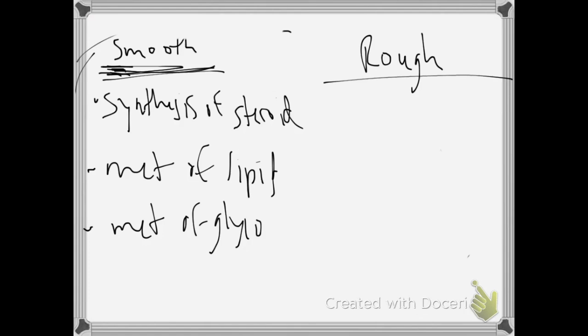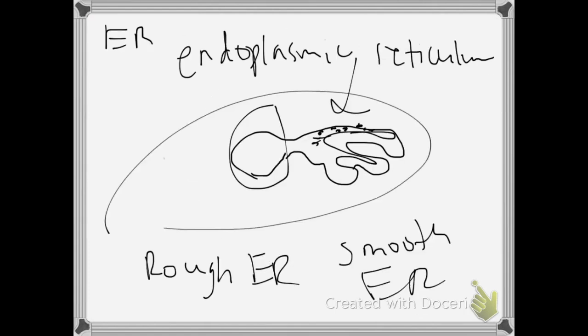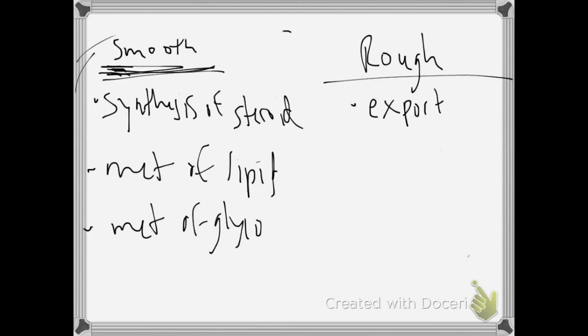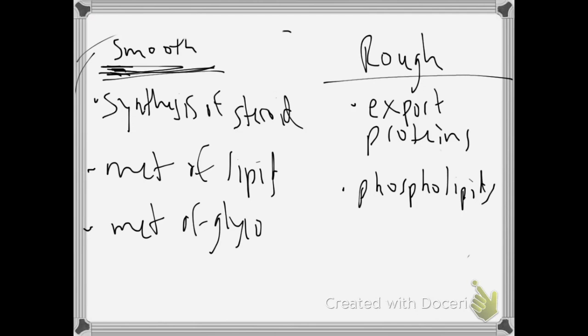So what kind of proteins are made here? Export proteins. Remember we said free ribosomes make proteins that are floating in cytoplasm. Attached ribosomes are making export proteins. It's also creating phospholipids and integral proteins.